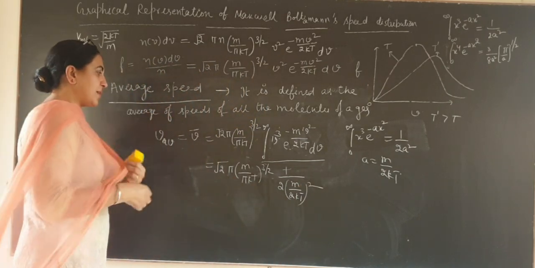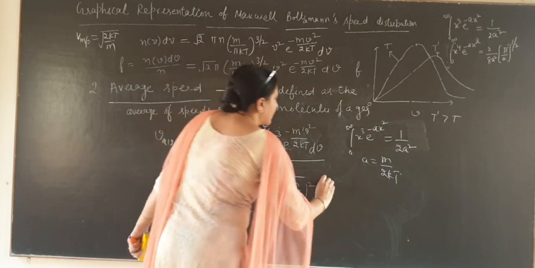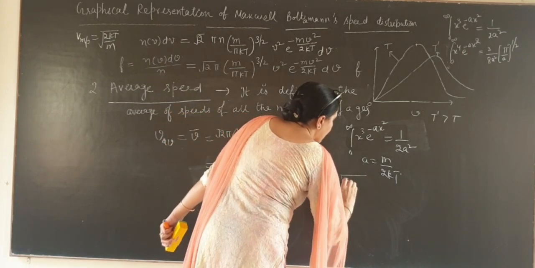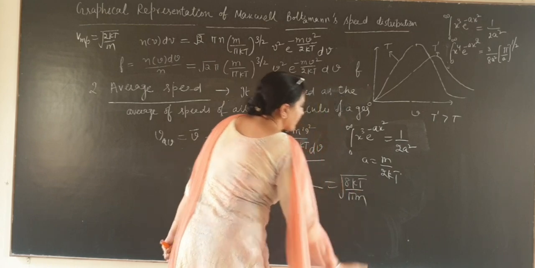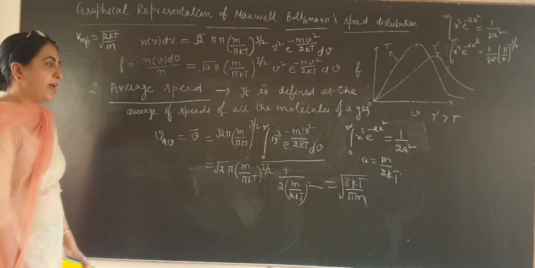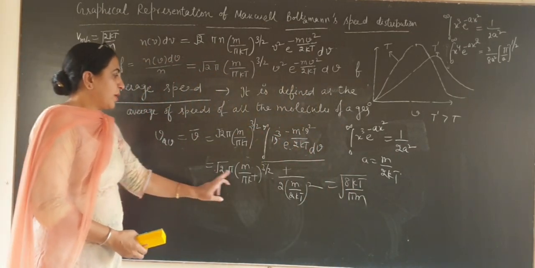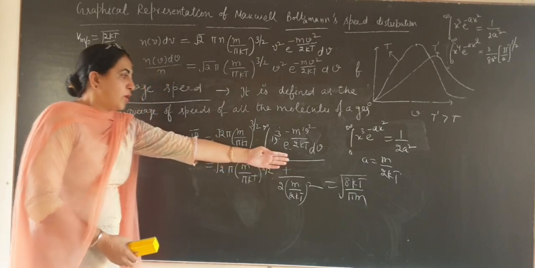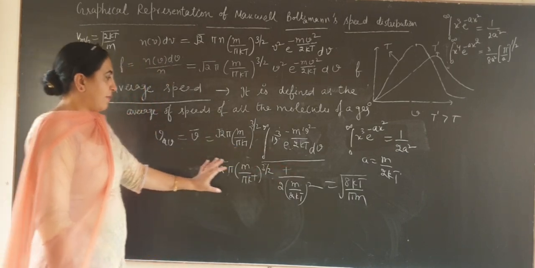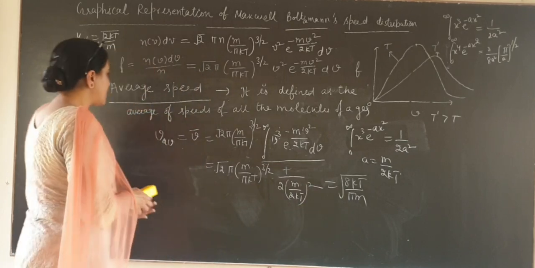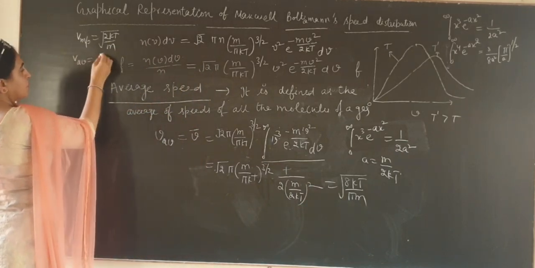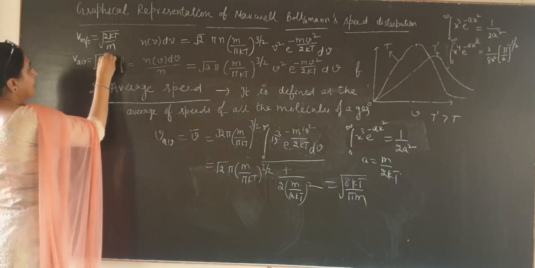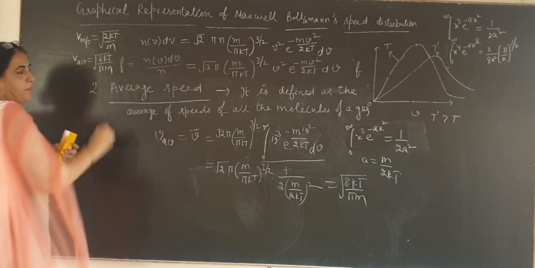When you solve this, you get under root 8kT by pi m. So the average speed is equal to under root 8kT by pi m.